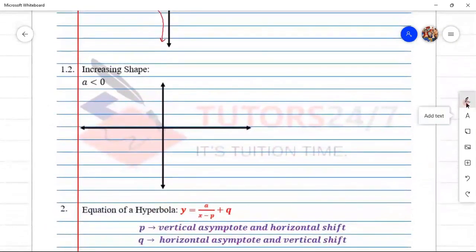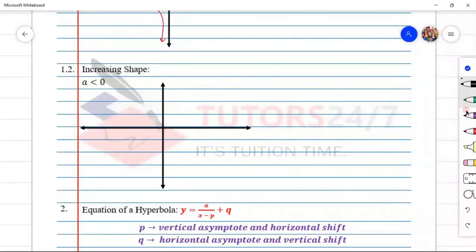Now if we look at our second shape, this is when our function is increasing, which means as x increases, y also increases, and this is when a is negative, when a is less than 0. Another way that you can remember this is to think of opposites.